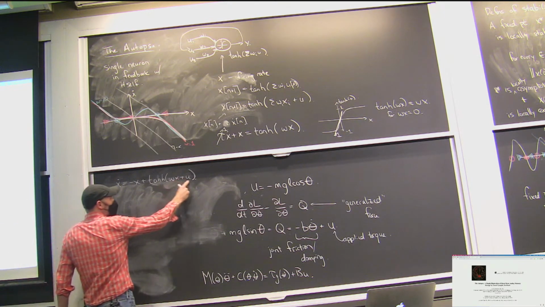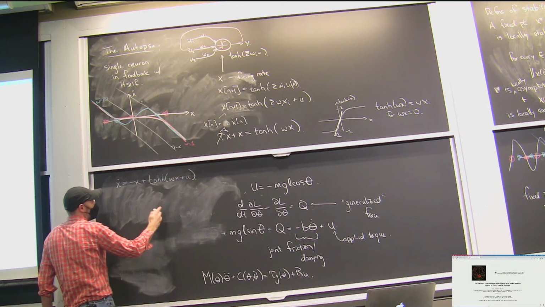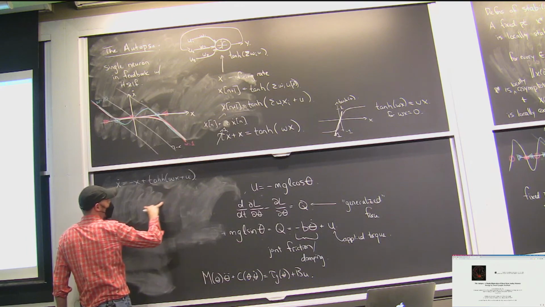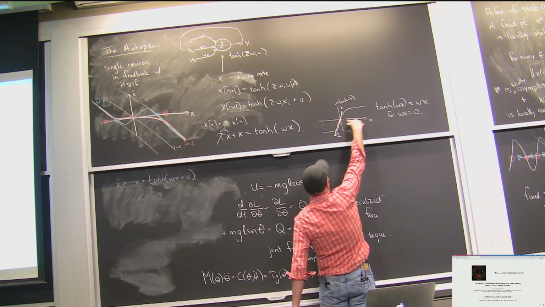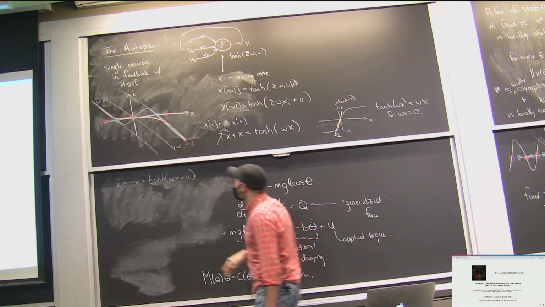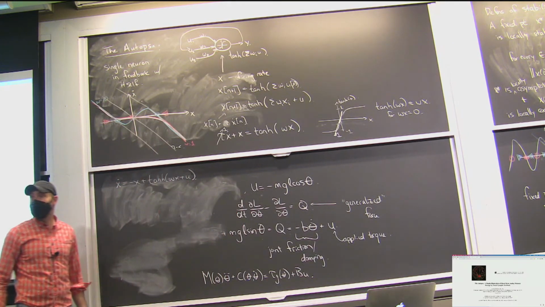If we think about what this is doing to the tanh, it would kind of shift the tanh back and forth. It's like moving my x, right? So in this picture, if I were to add a u, it would shift me this way or this way. In this picture, it's shifting me that way and that way, right?